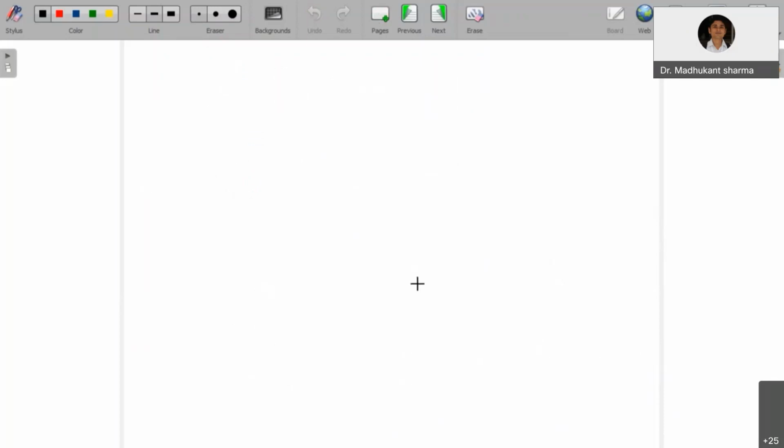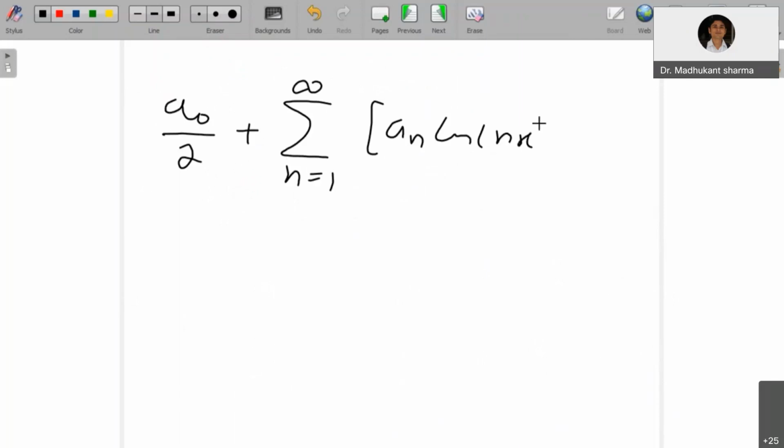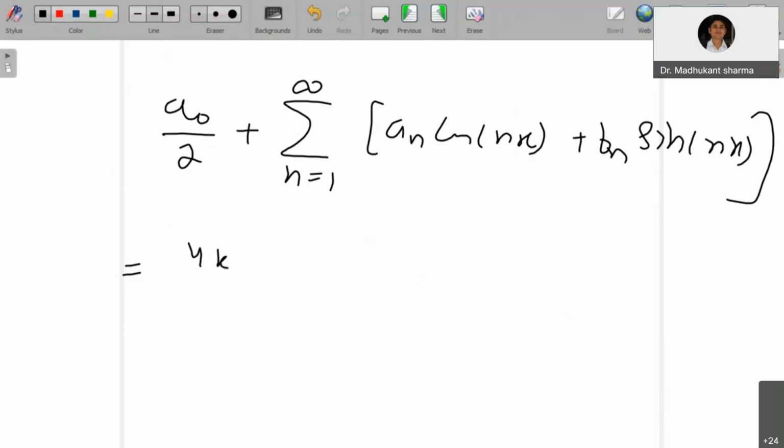So finally, f of x can be represented as a naught by 2 plus summation n equals 1 to infinity of an times cos of nx plus bn times sine of nx. Now a naught is 0, an is 0, so this is only a sine series. So this equals 4k by pi, because bn is 0 for the even case.